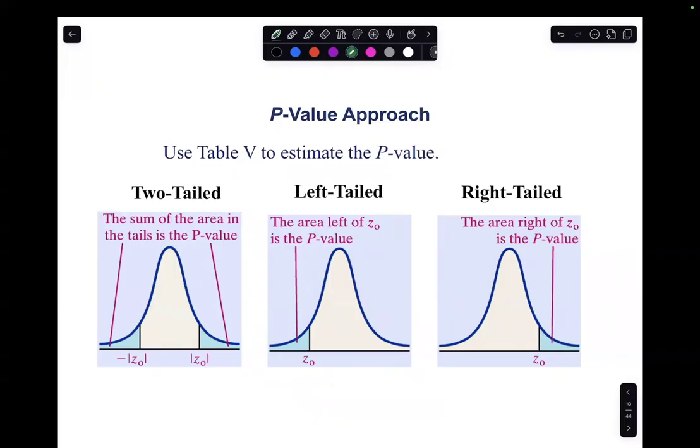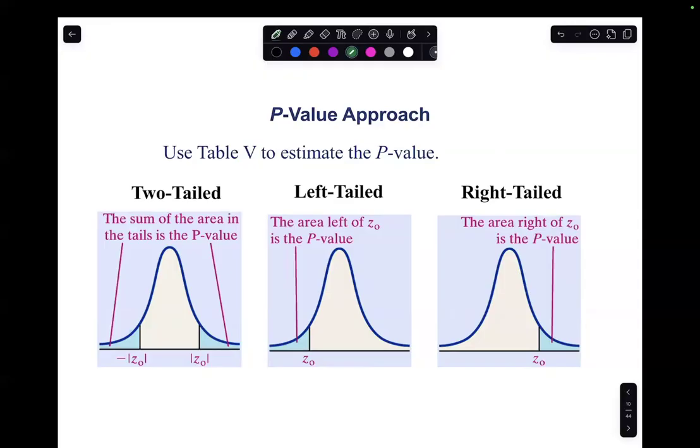But instead, I'm going to give you a calculator function that's going to do that for you, and it's going to be much more accurate. I highly recommend, rather than using table 5 or any other calculator function, I have one specifically for hypothesis testing, and I'm going to give it to you in a minute. We're going to do some calculations on our own first, and then I'm going to give you that calculator function.